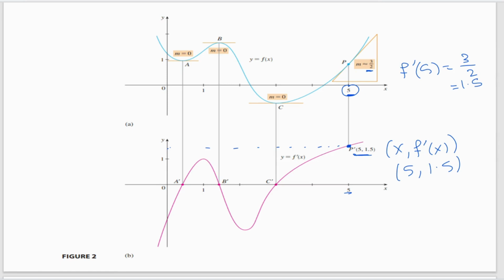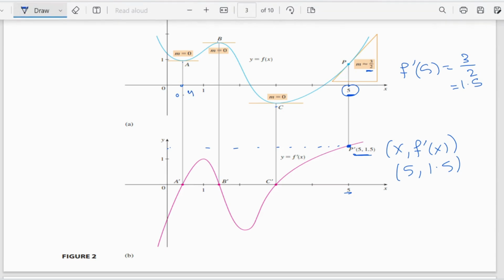We can see that the tangents at points A, B, and C are horizontal tangents. So the derivative at those points will equal 0. So what we're gonna write is at this point, let us estimate it as 0.4.